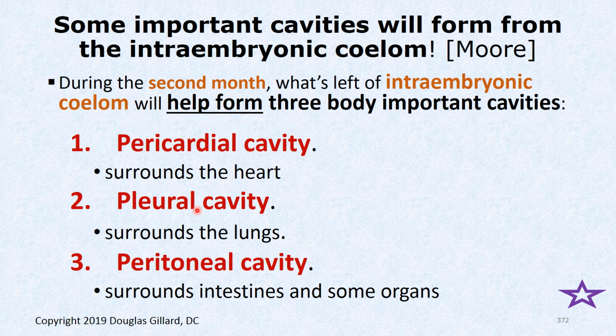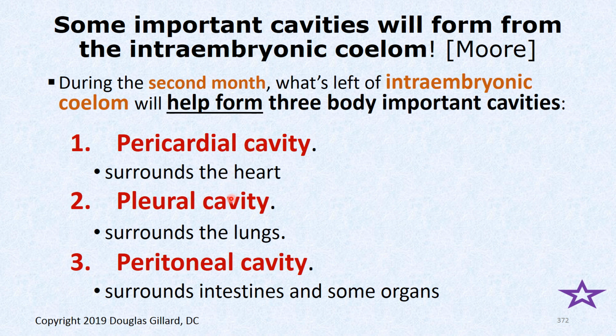You can get atelectasis, a collapsing of the lungs, from a fluid buildup in the pleural cavity. So that's another important cavity that's in between the parietal and visceral pleura. The pericardial cavity is in between the fibrous pericardium and serous pericardium, or the epicardium really, which is, well, I won't get into that now.